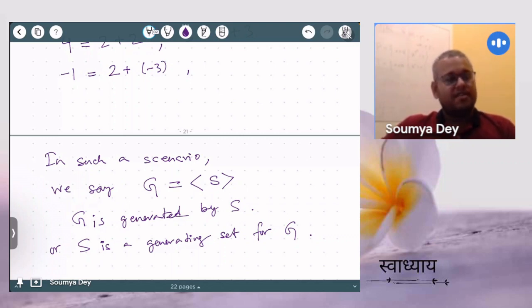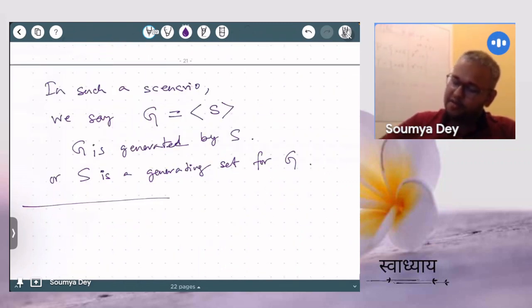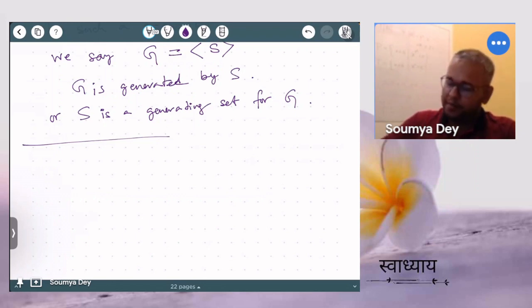The most natural definition is if you can find some set which is finite, and it generates the group.